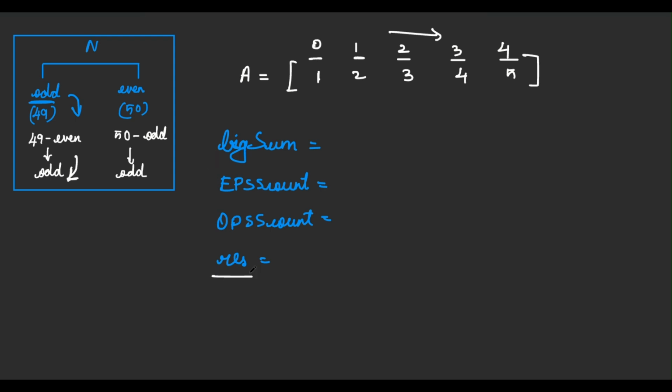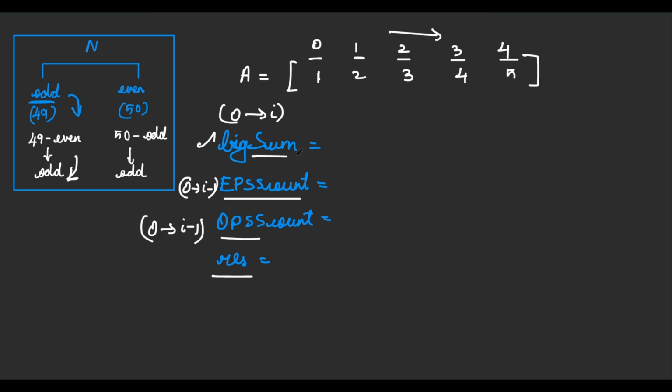Obviously, a result variable is needed, and this big sum is going to depict the sum from the zeroth index up until the ending point, so 0 to I, right? And EPS's count is going to be the even prefix array sums from 0 to I minus 1, right? And OPS's count is going to be the odd prefix array sums from 0 to I minus 1, right?